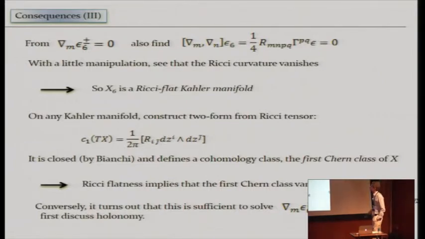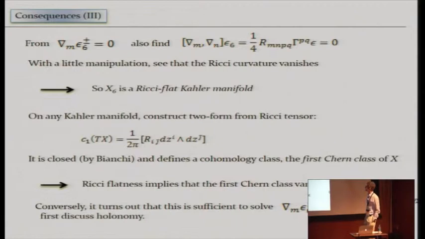Okay. And by the second Bianchi identity, this thing will be closed. Therefore, it defines a cohomology class. And this cohomology class is what we often call the first Chern class. So the first Chern class is usually defined in a slightly different way, but it turns out to be equivalent to this.